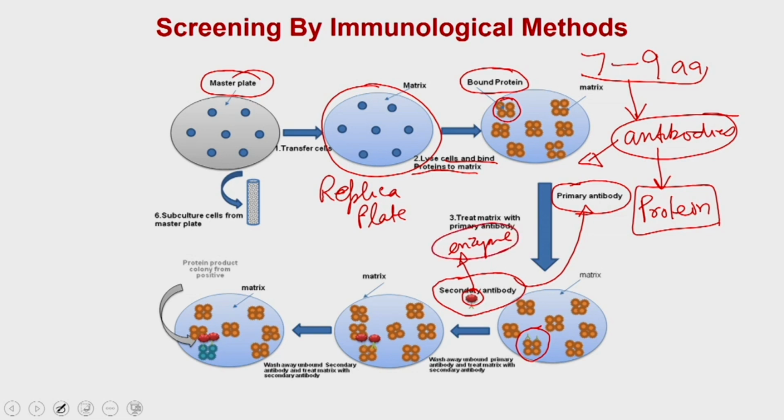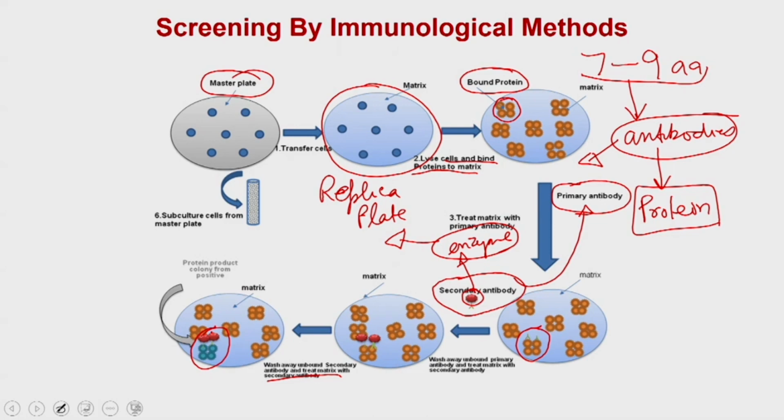Once you add the secondary antibodies, you will wash the membrane to remove the secondary as well as the primary antibodies. This washing is going to be very harsh, so that you will remove the non-specific binding. Then, depending on this enzyme, you can use a specific substrate to develop the membrane.